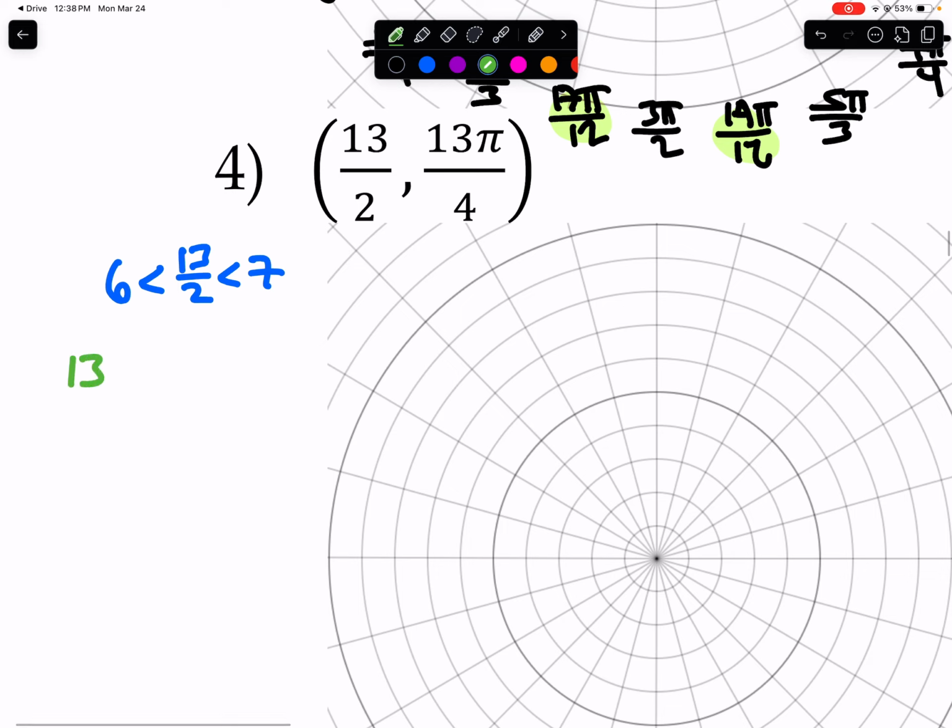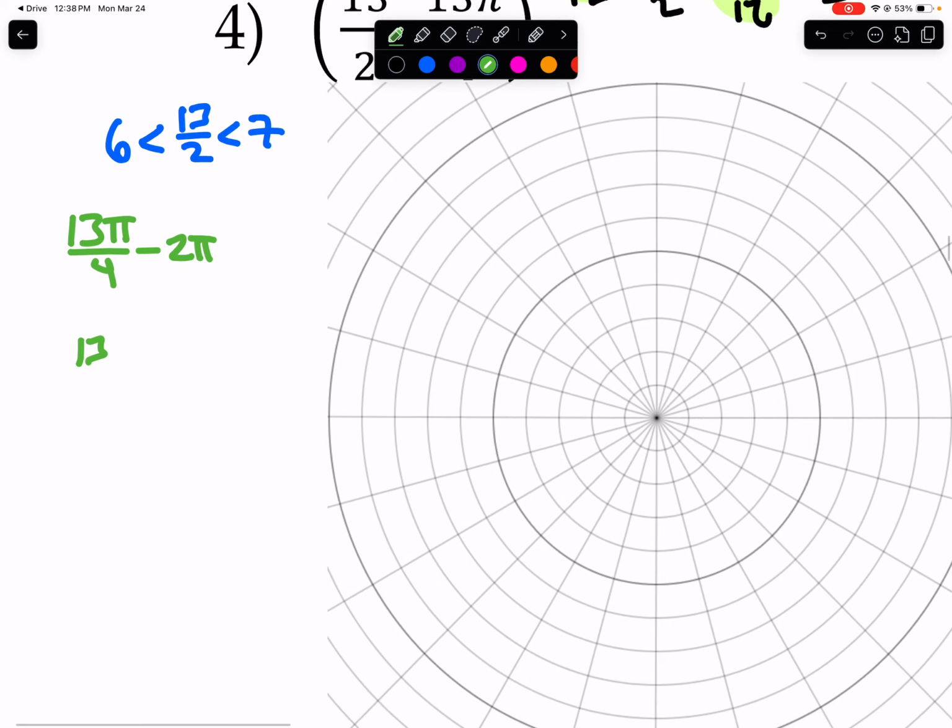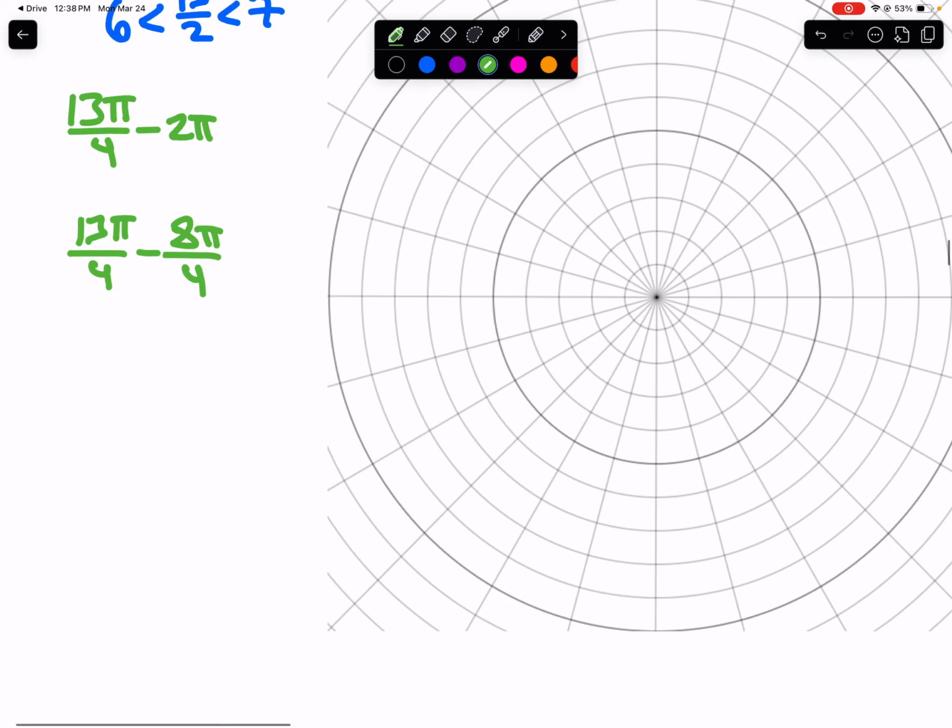So with 13 pi over 4, what I'm going to do is I'm going to subtract 2 pi. So we're going to have 13 pi over 4, and then I'm going to subtract 2 pi, but I'm going to rewrite it as 8 pi over 4, which is going to give me 5 pi over 4. So I know I need to go in the direction of 5 pi over 4, which is going to put me in this direction.